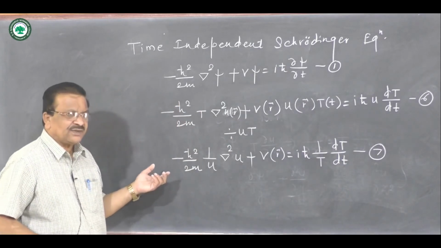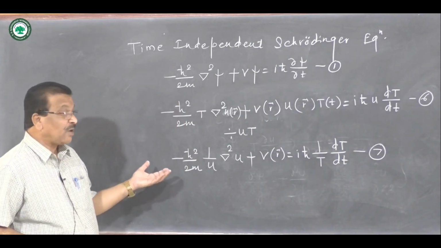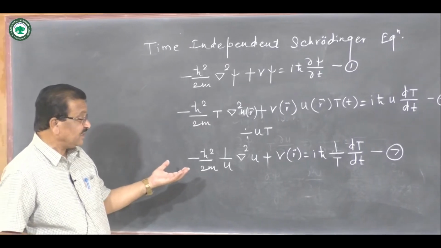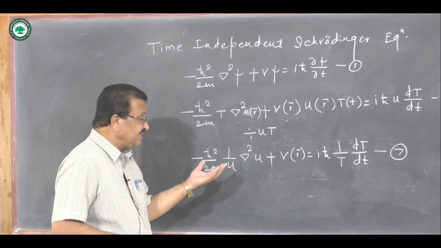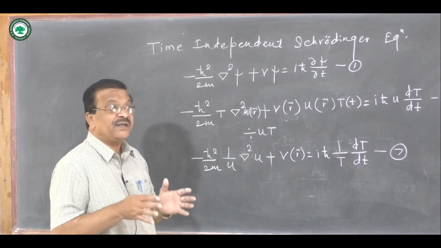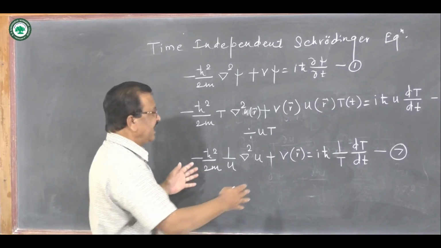What is the property of this equation? What do you observe? What is the interesting thing about this equation? In this equation, the variables have been separated.